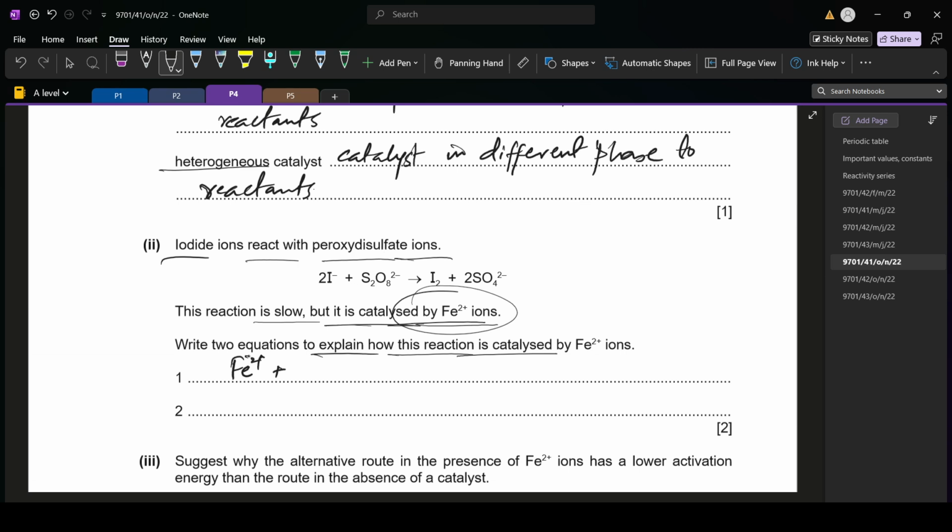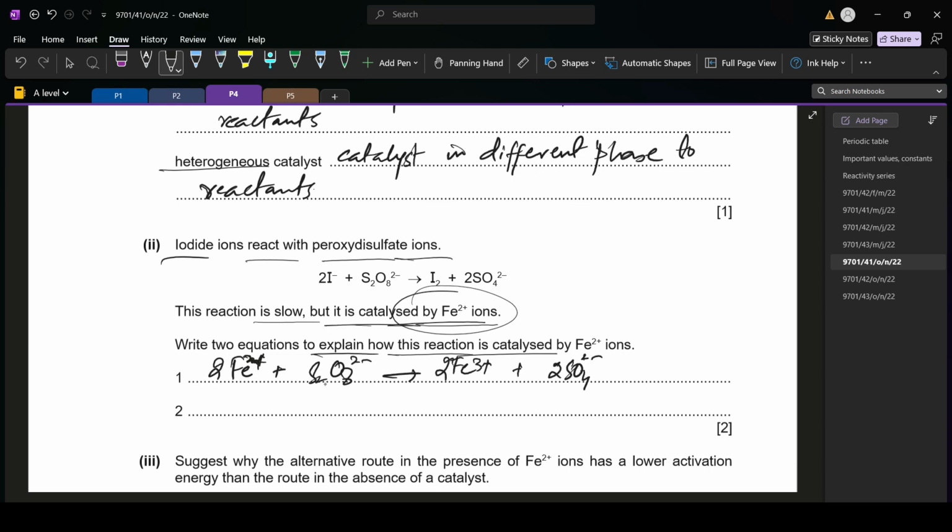You can see that the Fe2+ will change into Fe3+, so it will form Fe3+ plus 2SO4 2-. Okay, you have to balance the equation as well.